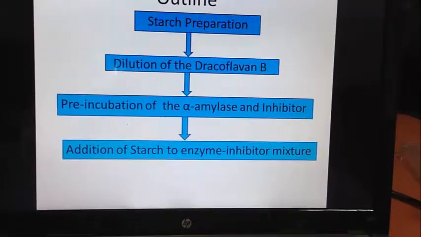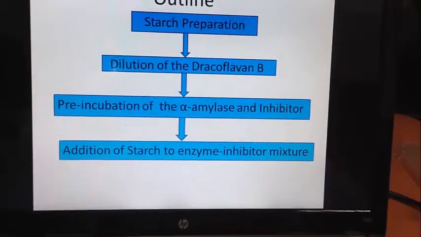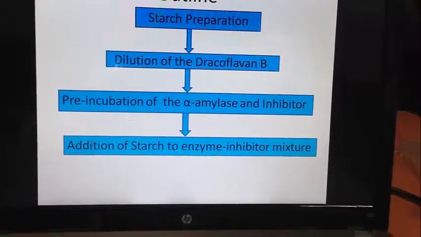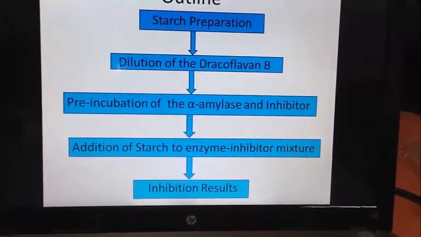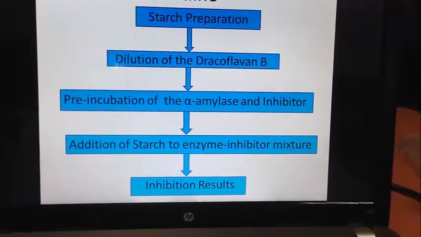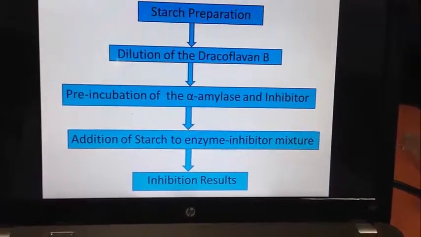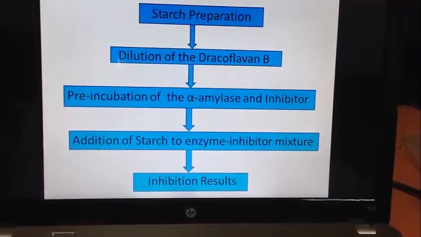Part 4, we will add starch to the enzyme inhibitor mixtures. And the final part of the presentation will review whether Dracoflavan B inhibits alpha amylase.